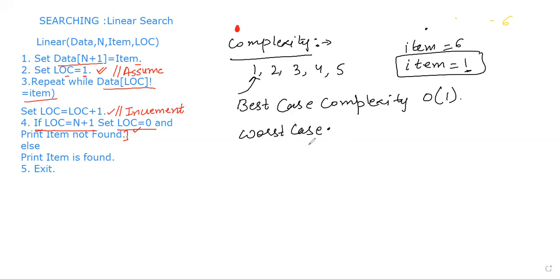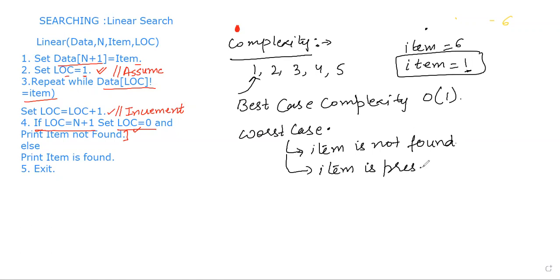So the worst case will be when the item is not present. Whenever the item is not found in the given data set, we will say that it is the worst case complexity for linear search. Or the second case is when the item is present but at the last location. Both these cases are called worst case complexity.